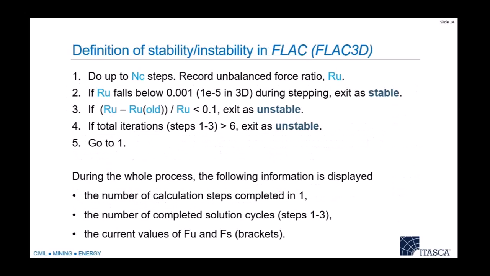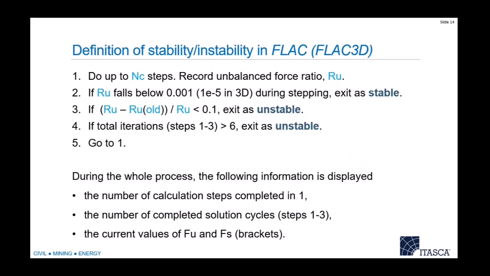The way it basically works is, you start out with a factor of safety of 1. So you take the model as it is, run it. Hopefully it's stable, right?